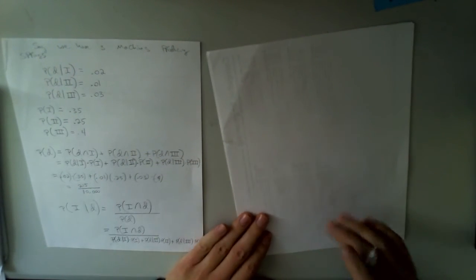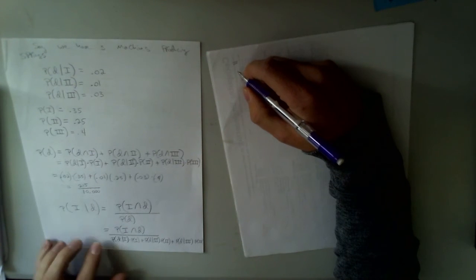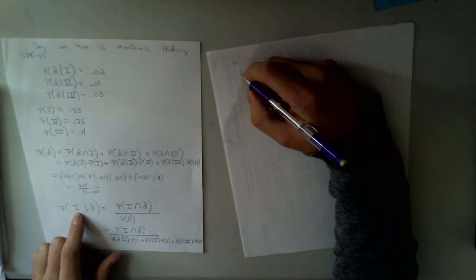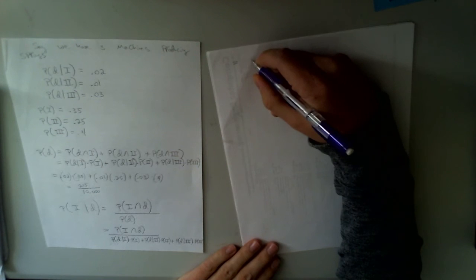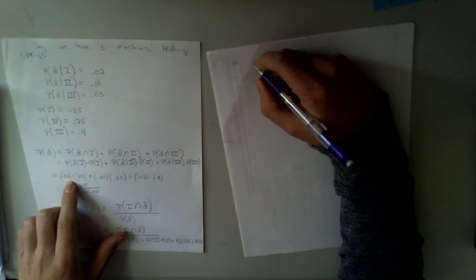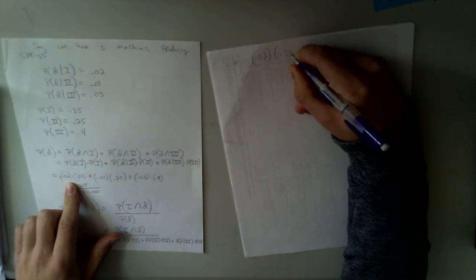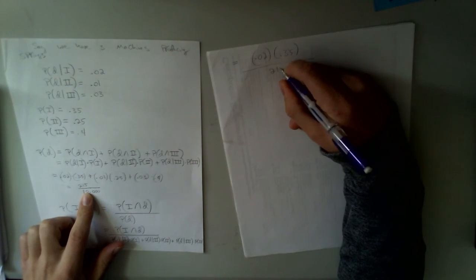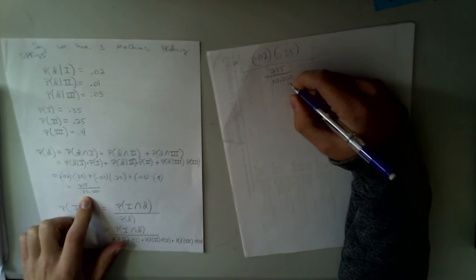The point is that we can write the probability that our spring came from machine i, given that it was defective, by Bayes' theorem, as just equal to this thing, and we have all of these ingredients. So this probability is right here, 0.02 times 0.35, and we're going to divide by that thing we found with the law of total probability, because that's just the probability of getting a defective spring.